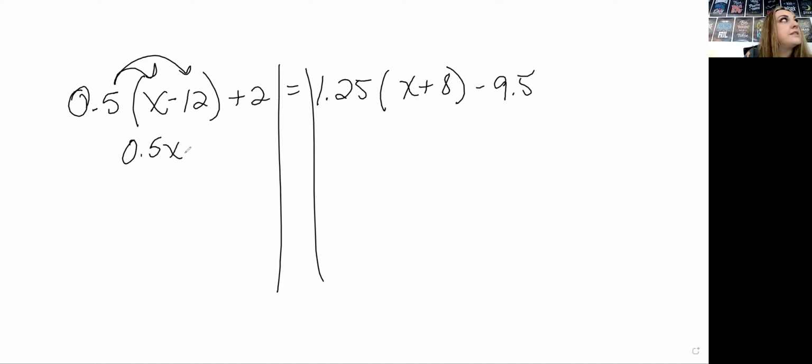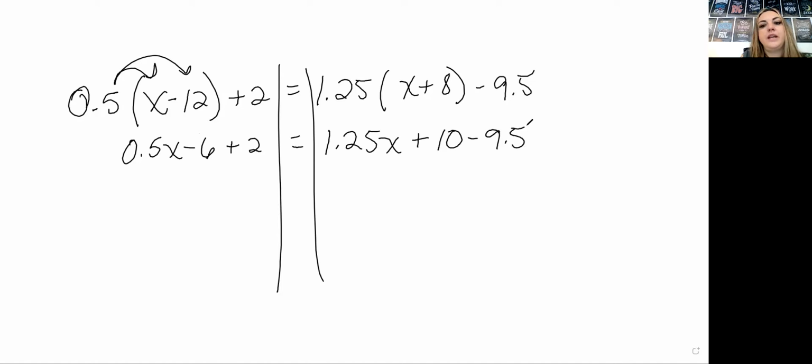Get 1/2 x, half of -12 is -6, and then bring down the +2. Over here, we're going to have 1.25x, and 1.25 or 1¼ of 8 is going to give us 10. We bring down the -9½.